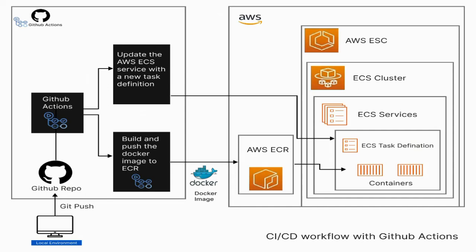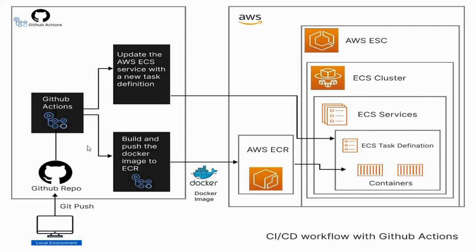So this is the workflow diagram that we are going to do as part of this video. We will be creating a workflow file where we will run the GitHub Action scan. There we will build the Docker image and push it to AWS ECR.